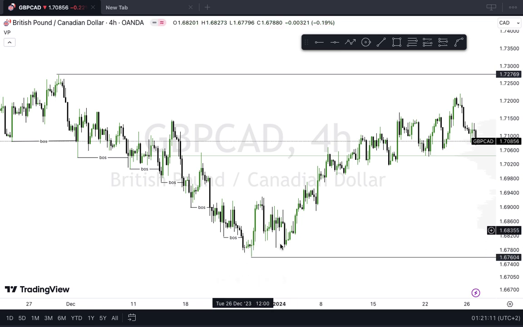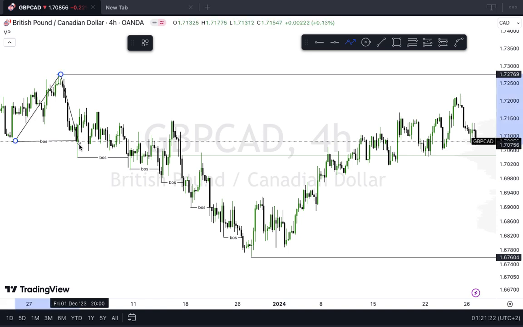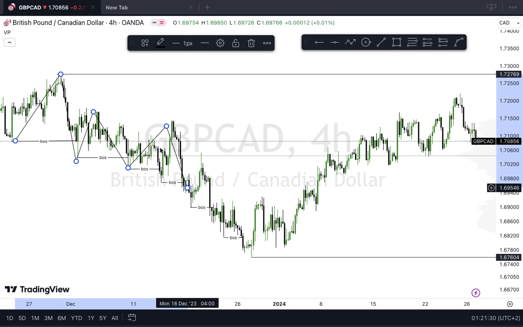You understand? That's where the market gave us our overall low there. So since we got a break of structure here, and then the market continued moving in a downtrend like this, we need to go up.